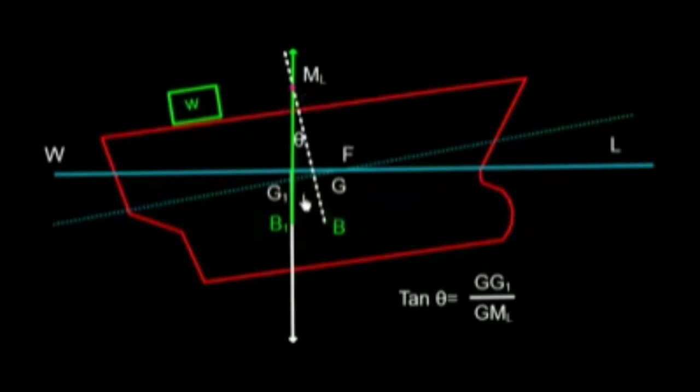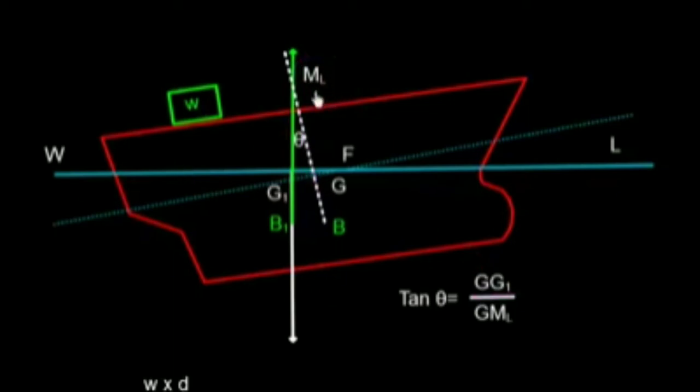So let me mark this triangle. G to G1 is going to be like this, and this is angle 90 degree. And this triangle is, let me just mark here, G to G1 like this, and this one. So this is the triangle, and in this triangle we have the relationship GG1 divided by GML, and this ML is nothing but longitudinal metacenter.